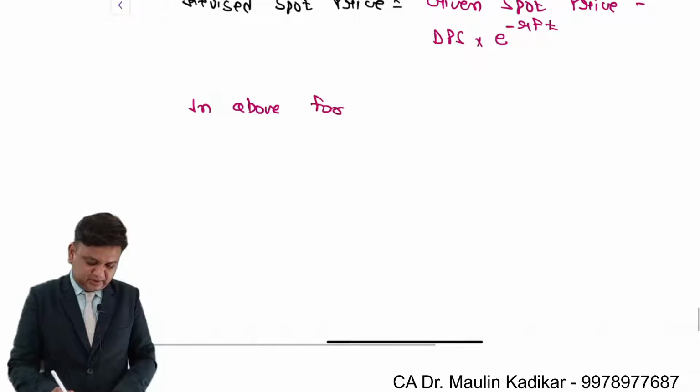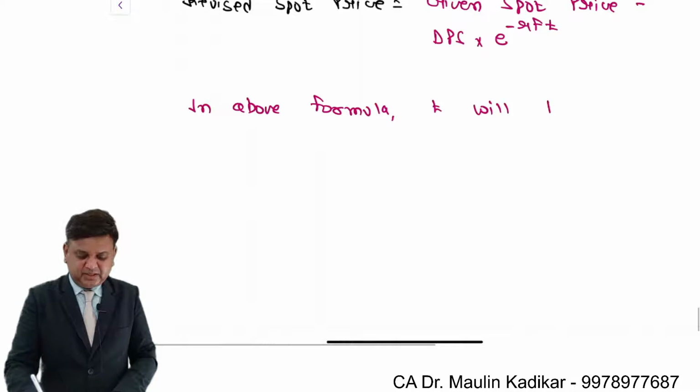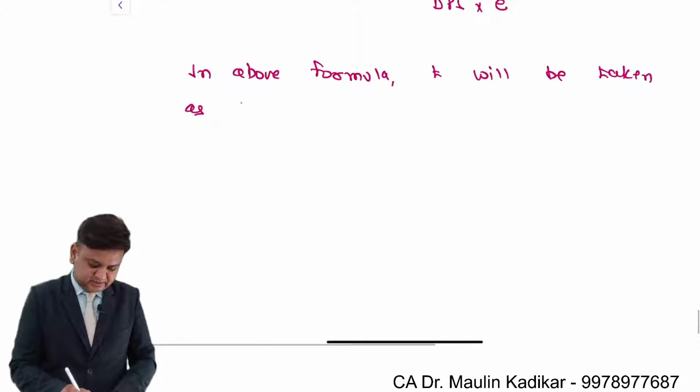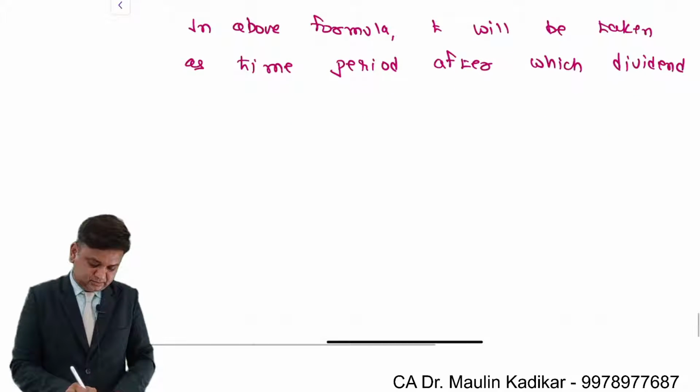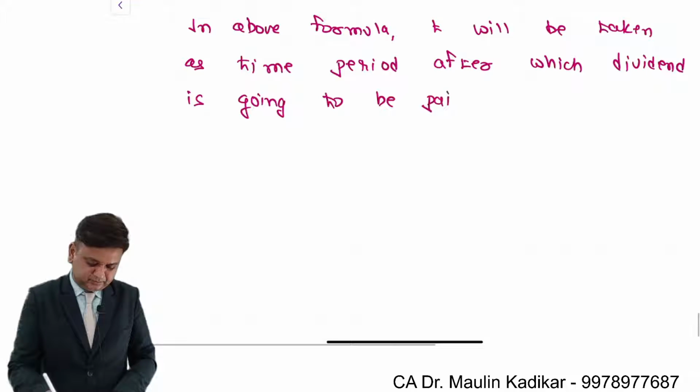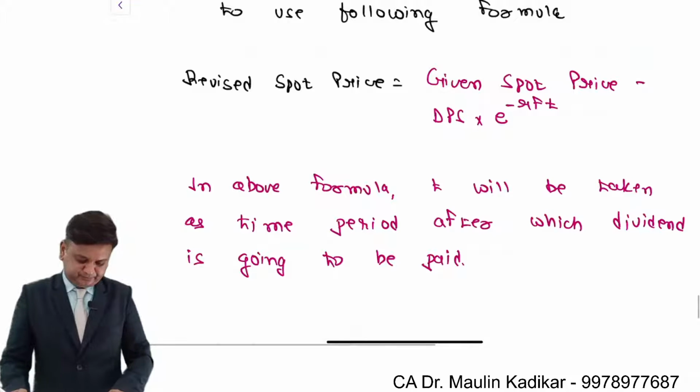In the above formula, t will be taken as time period after which dividend is going to be paid.